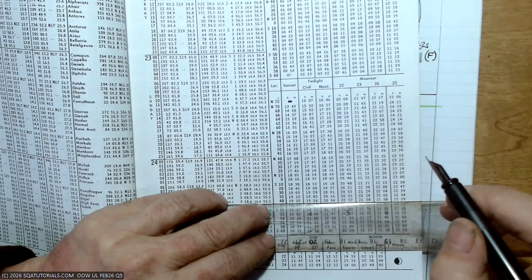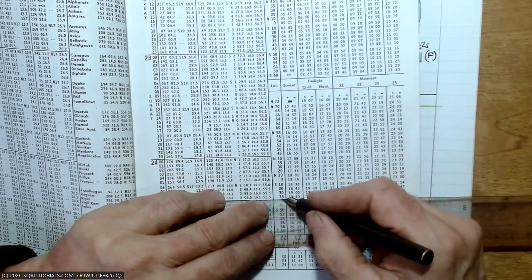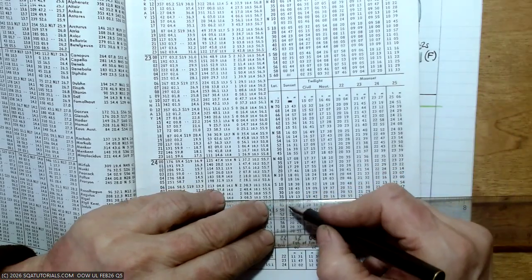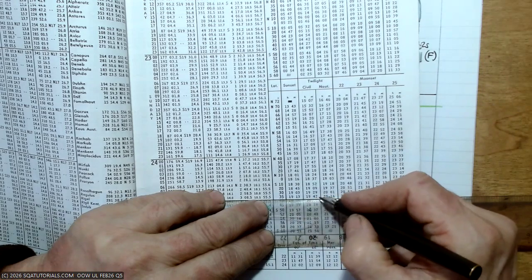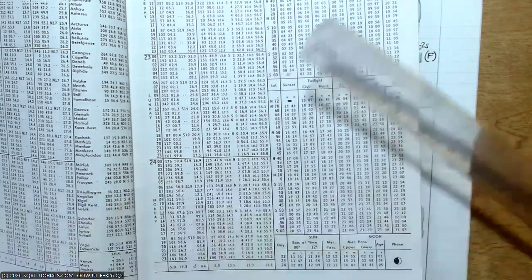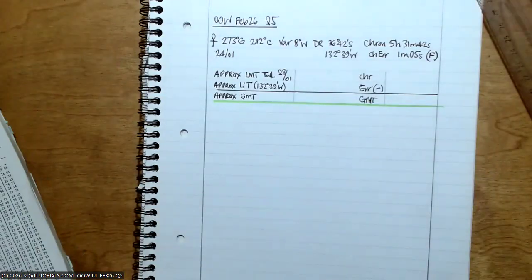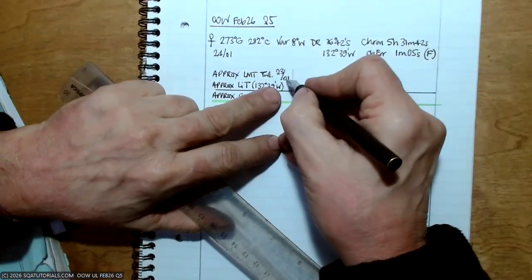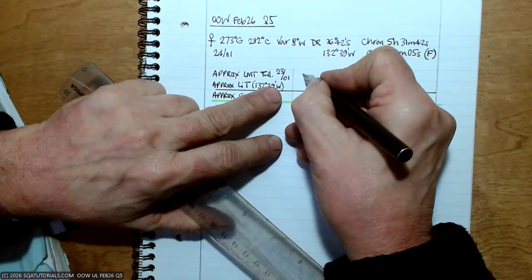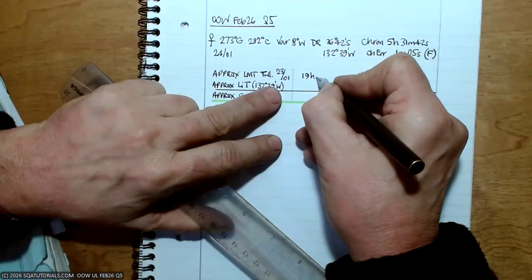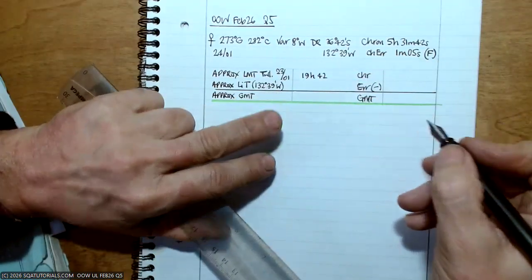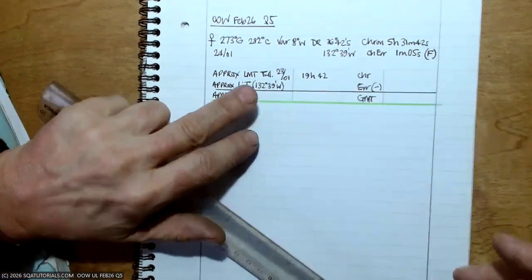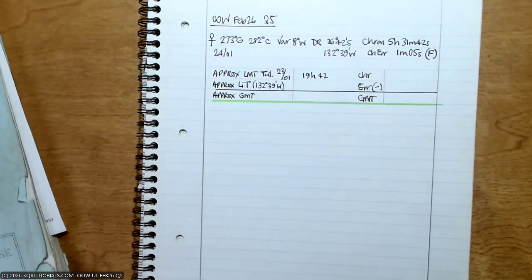This is only an approximation, so I will take the 35. So for 35 south, the twilight is 1942. So we know that it's going to be the 23rd at 1942. Just an approximation. Doesn't have to be more than that.